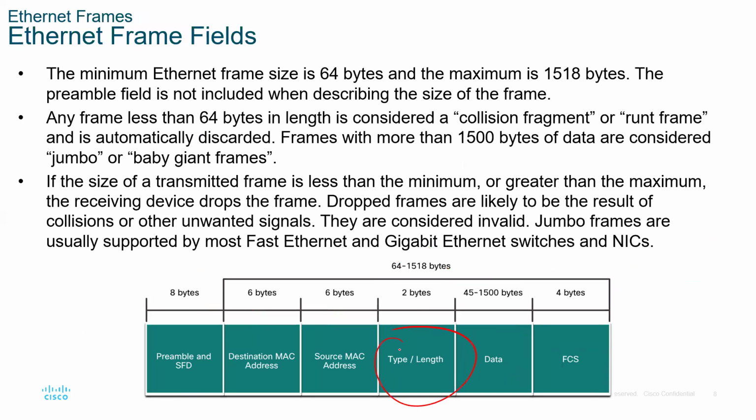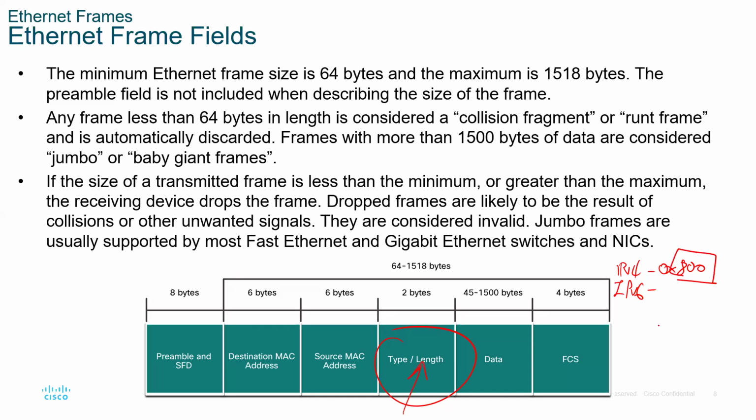If the type we have of the layer 3 protocol is IPv4 or IPv6, what's the value that is given in these 2 bytes? Let's say IPv4 here, let's say IPv6 here. The value that is given is 0x, it should be 800. It means it's 800 in hexadecimal.